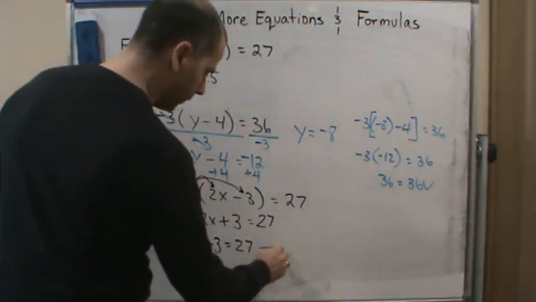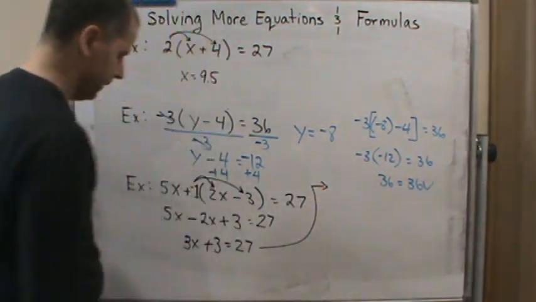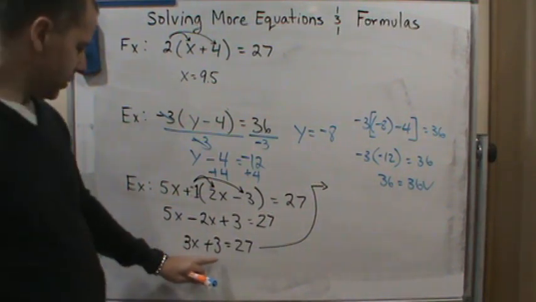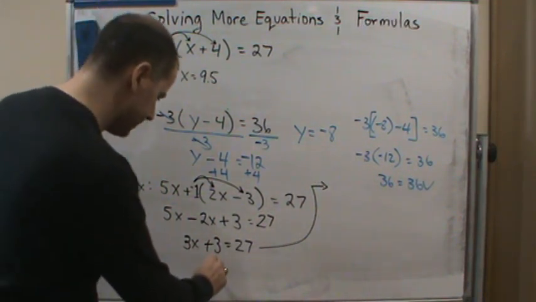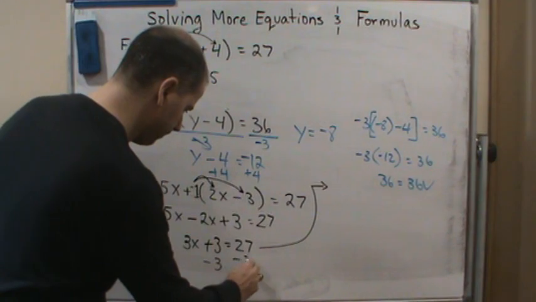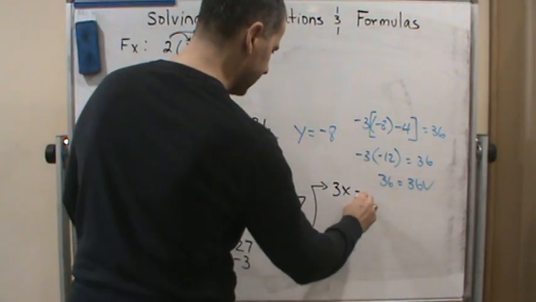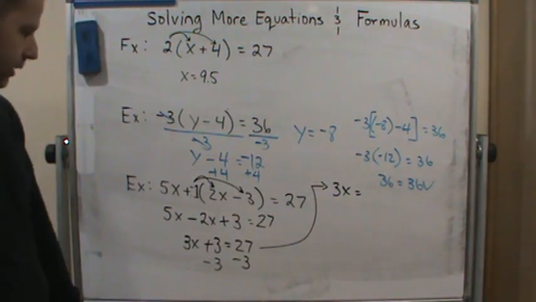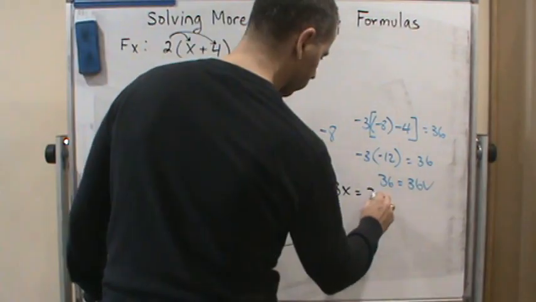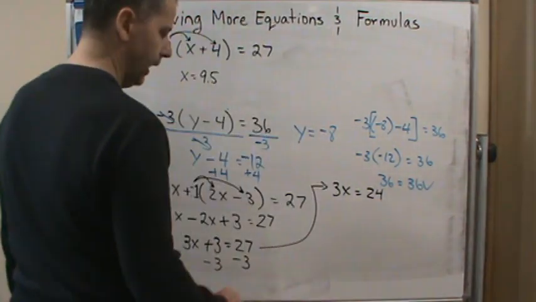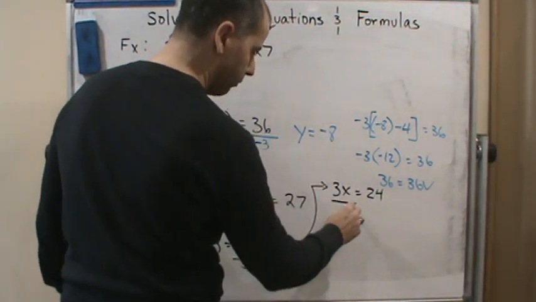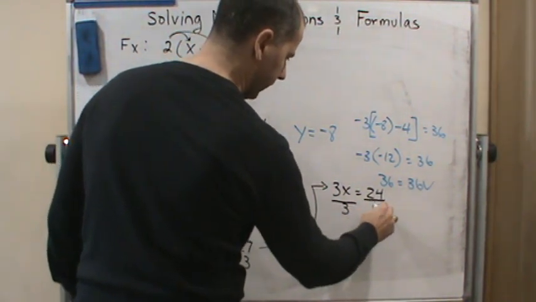And now what I'm going to do is subtract 3 from both sides. And I get 3x equals what? 24. And then I divide both sides by 3. Why?